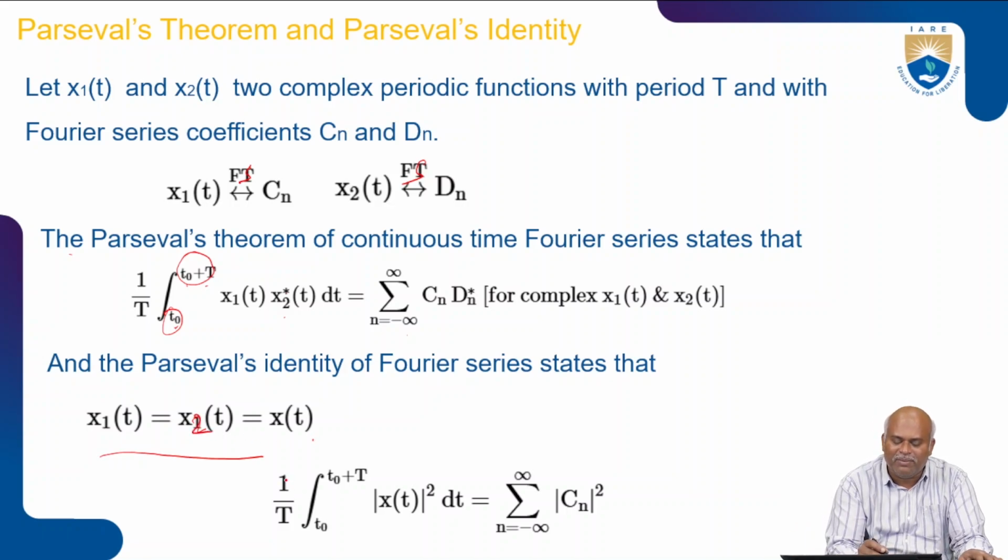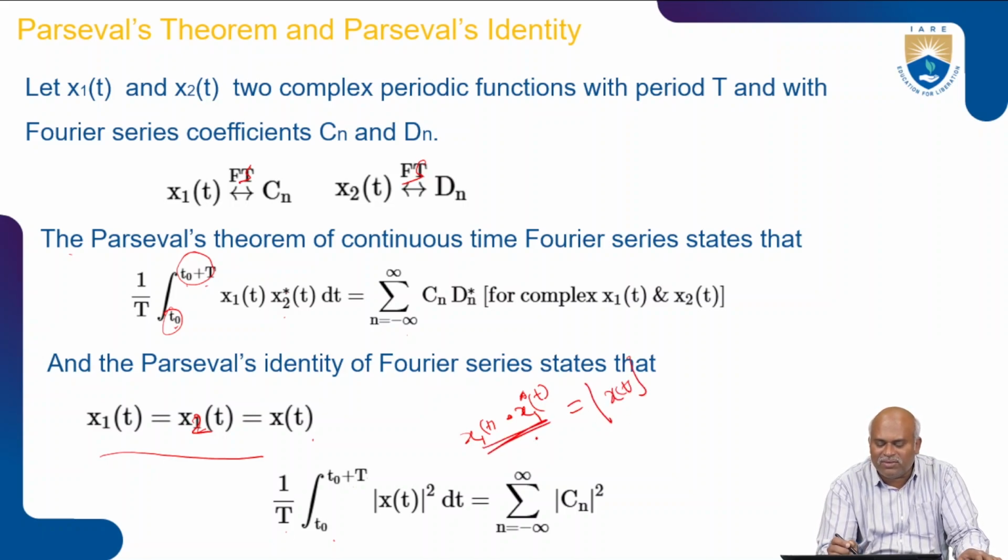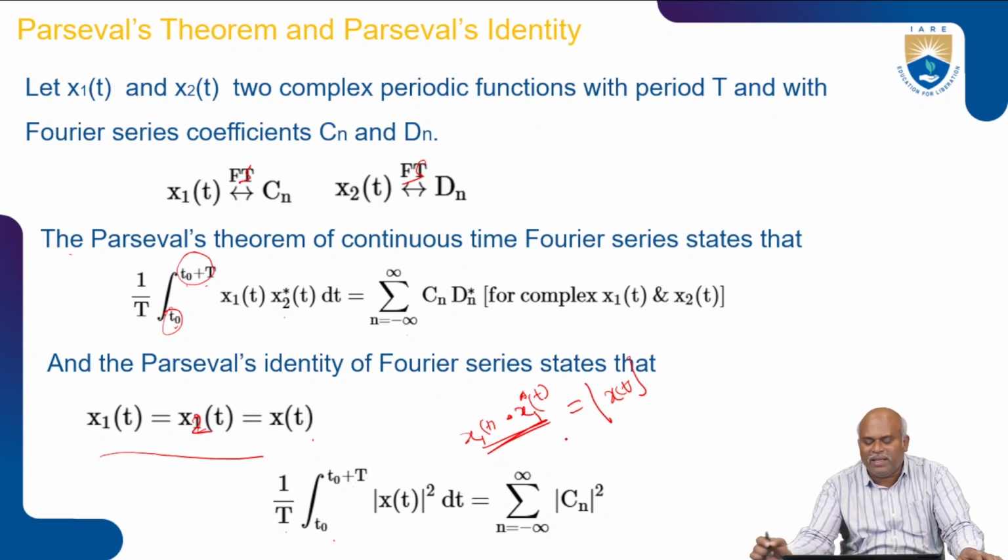Now I write 1 by T integration of t0 to t0 plus T, x1 of t into x1 star of t, which I write as mod of x of t whole square.